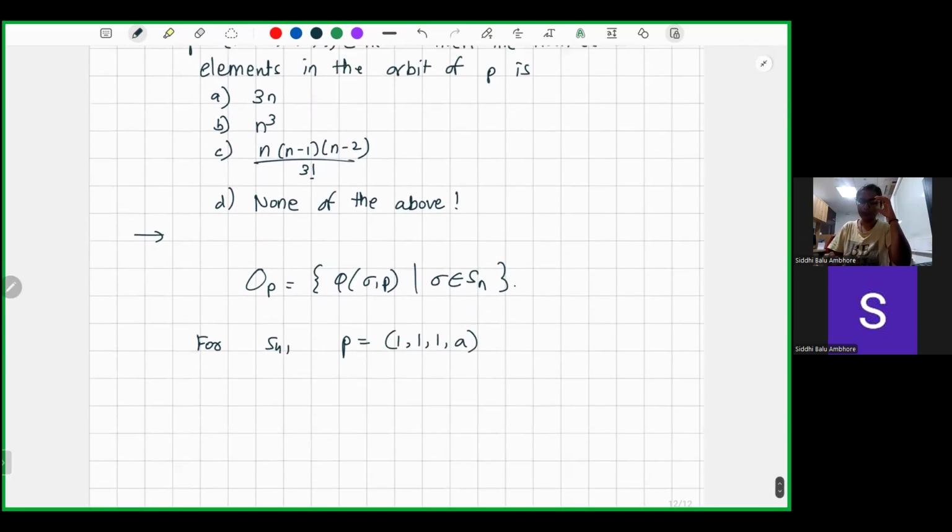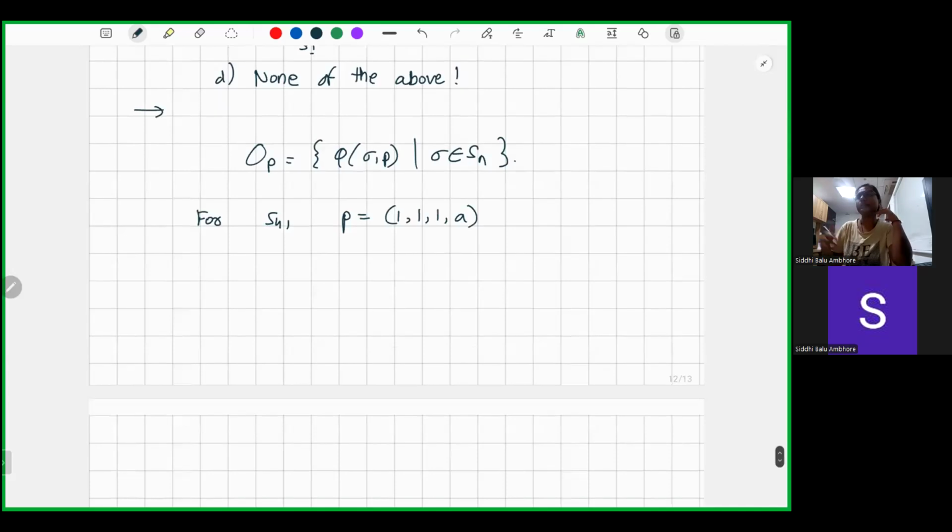This will be my P. And let us see how many elements this P can take, when sigma acts on P, what are the possibilities I get for this?